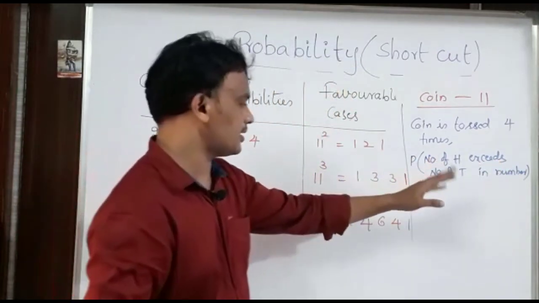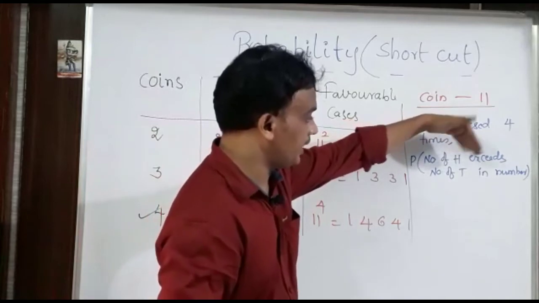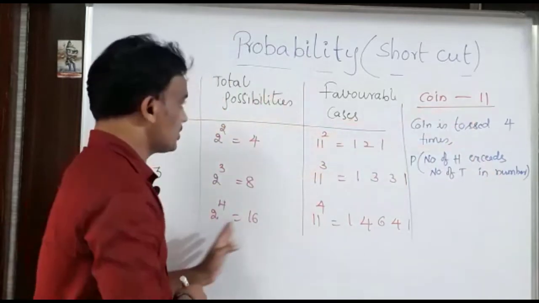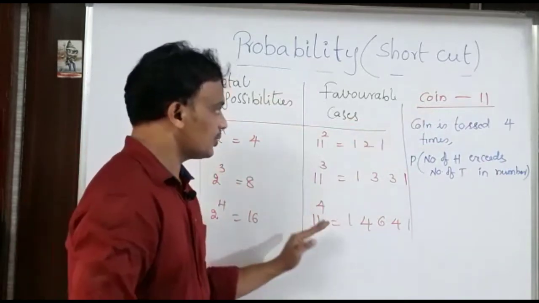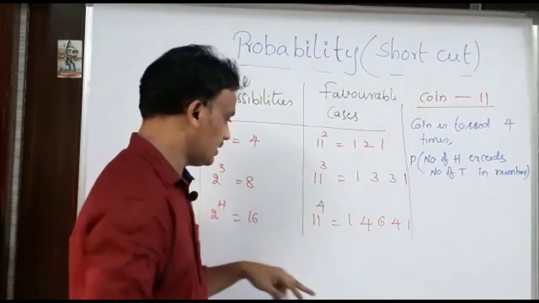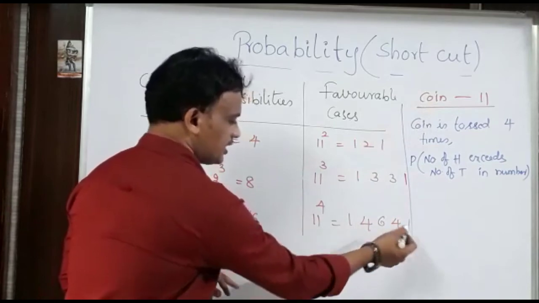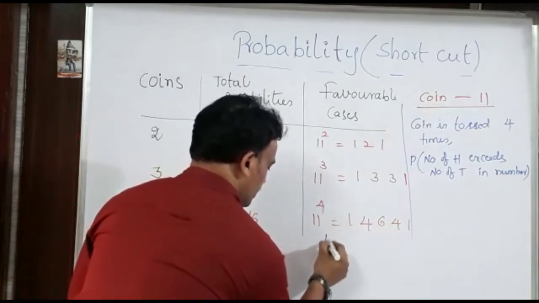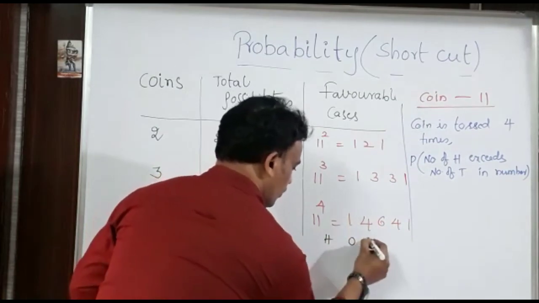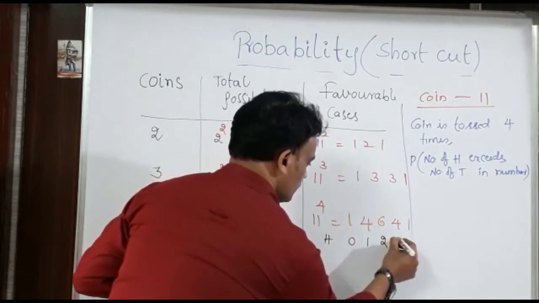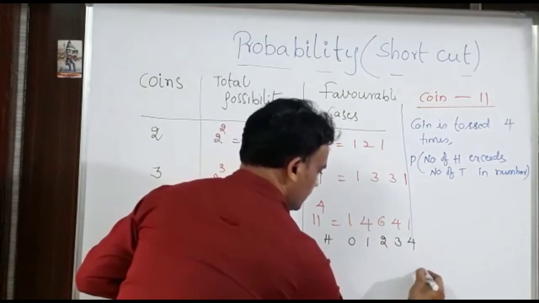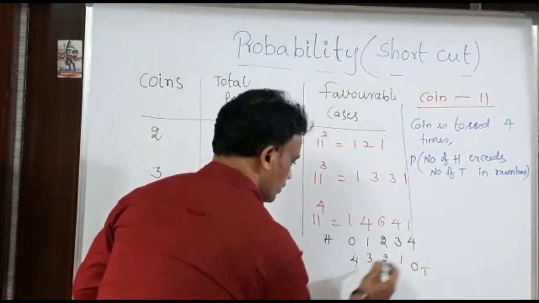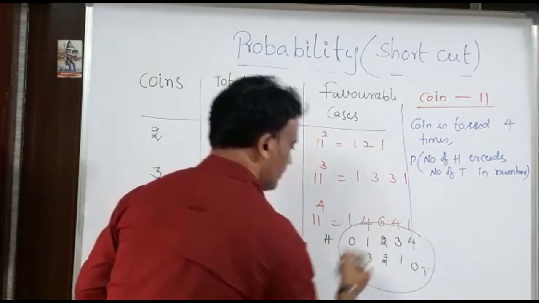Out of 16 chances, the number of heads should be greater than the number of tails. According to the coin secret, (1+1) power 4: 1 4 6 4 1. Now I am going to write this: for head 0 1 2 3 and 4, and for tail 4 3 2 1 0. These are all the favorable cases for head and tail.